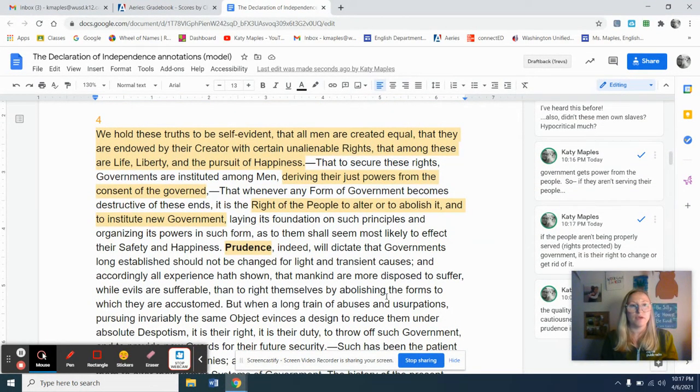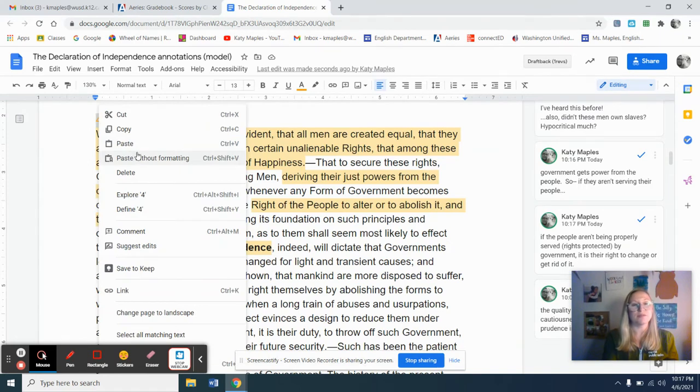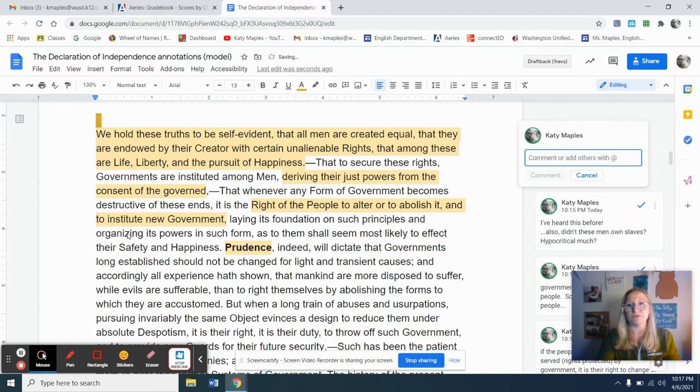I feel like for paragraph 4, I'm just going to write a little note. I think paragraph 4 is presenting a pretty logical argument. I think there's a lot of logos involved here.